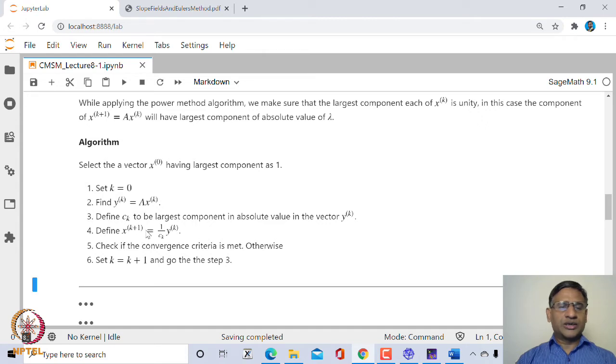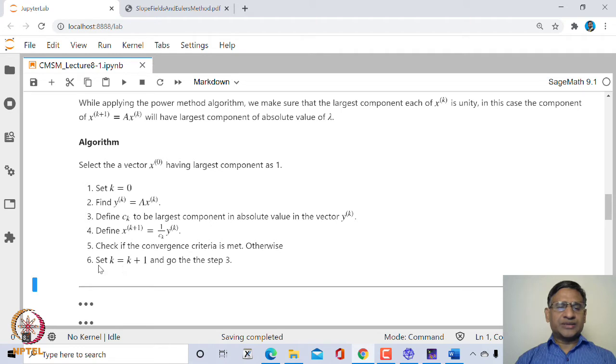Then check whether this meets the convergence criteria. Now what would be the convergence criteria? You can start with some arbitrary positive real number epsilon, and in case the difference between two consecutive xk becomes less than epsilon, then you can stop. Or if you want to stop after a certain number of iterates, that itself becomes your convergence criteria.